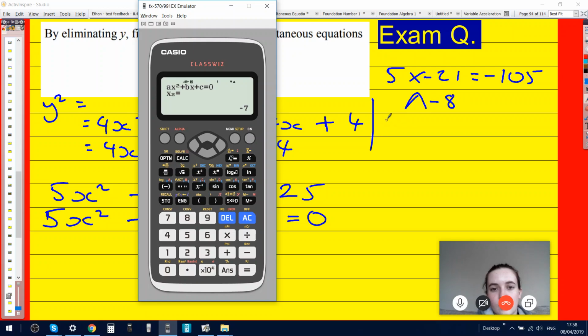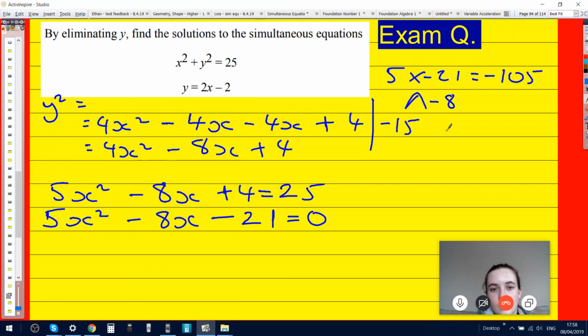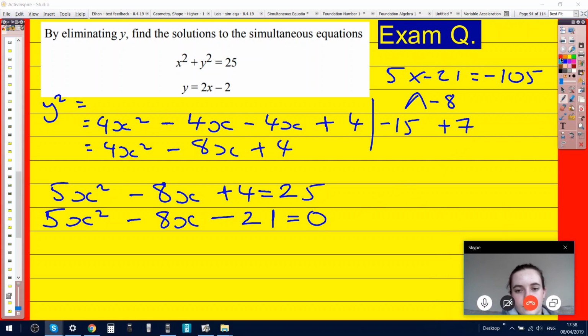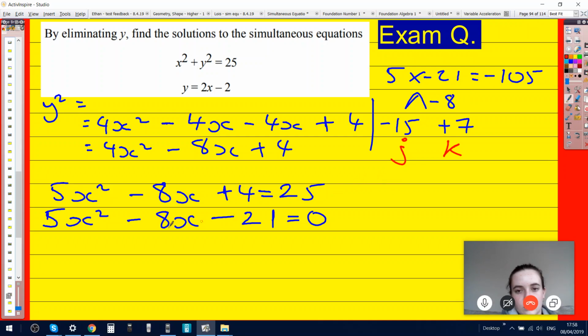Minus 15 and 7. Any idea what you do with those? Then is it just x equals?